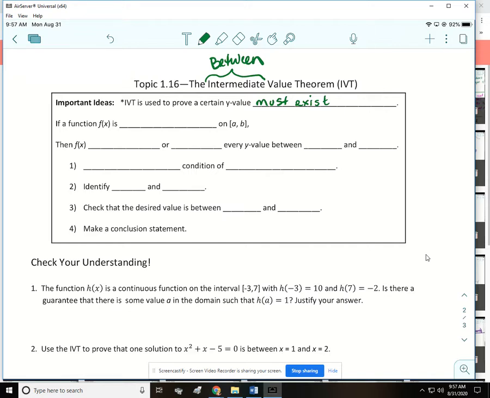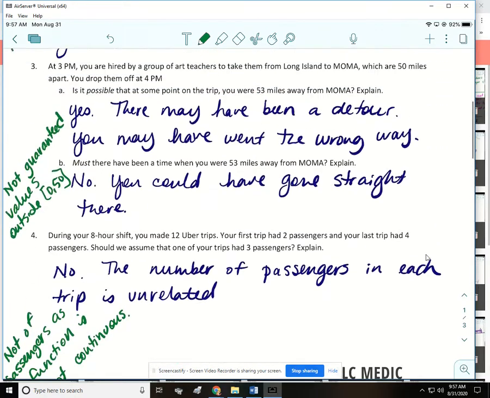All right, so to use this theorem, the function must be continuous on the interval from a to b. Then f of x attains, or we could say hits, every value between f of a and f of b. So it's like that distance one.